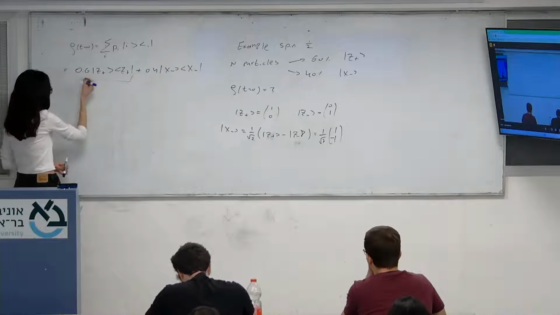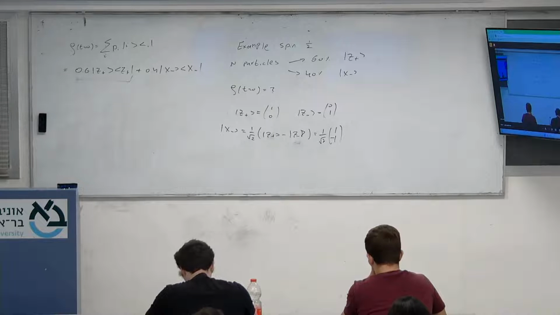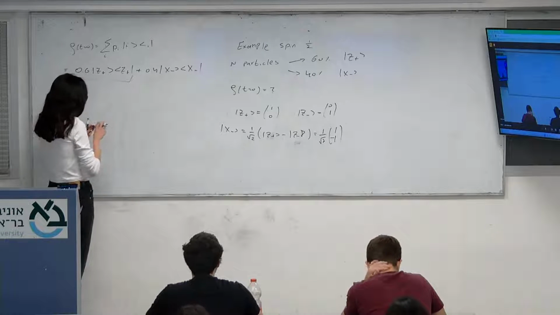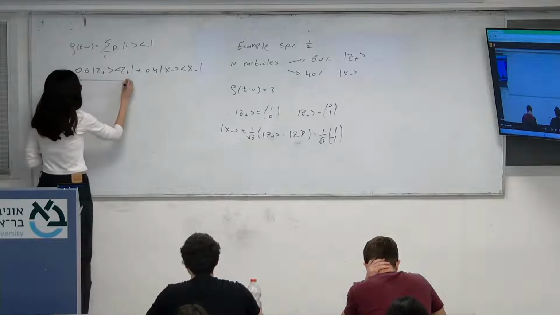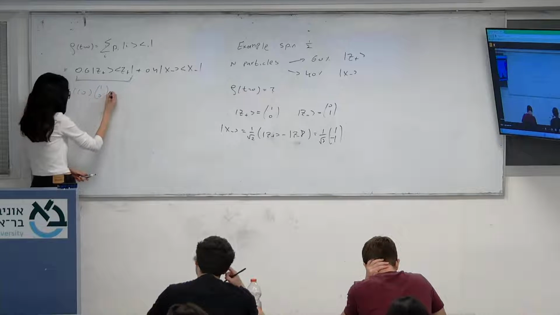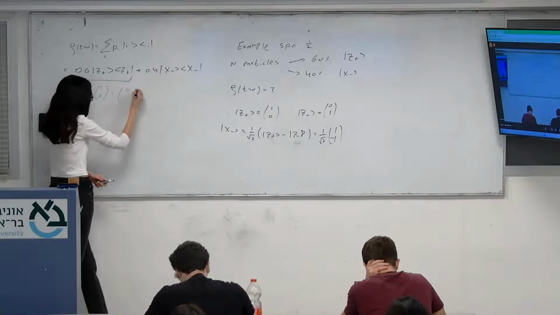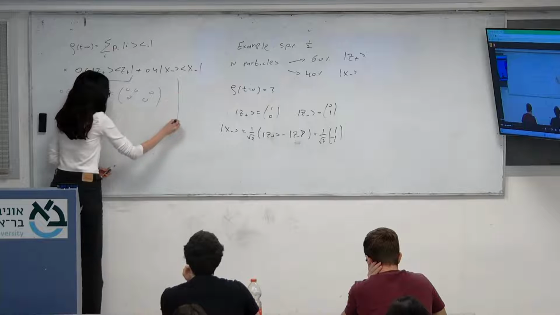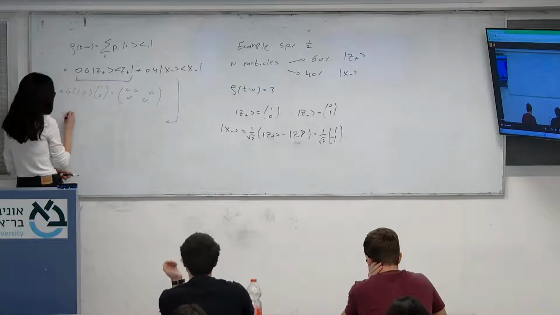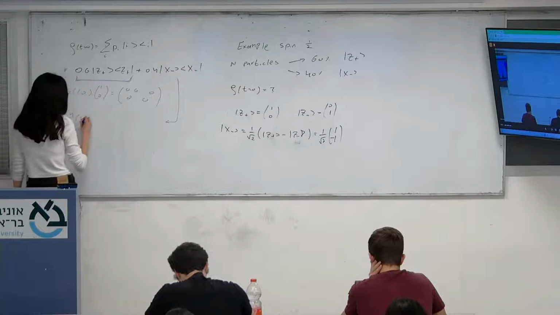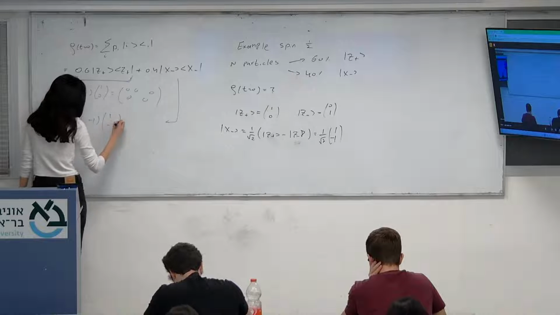Okay, so I have 0.6 times (1, 0) times (1, 0). So this is 0.6, 0, 0, 0. And that's going to be 0.4 over 2, because I have 1 over square root of 2, times (1, -1), (1, -1).